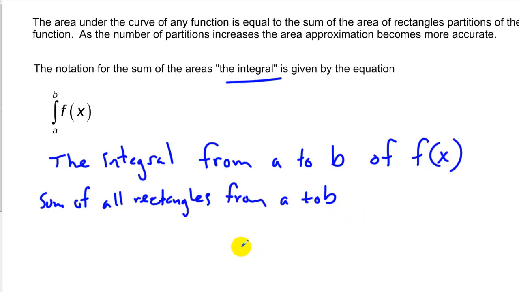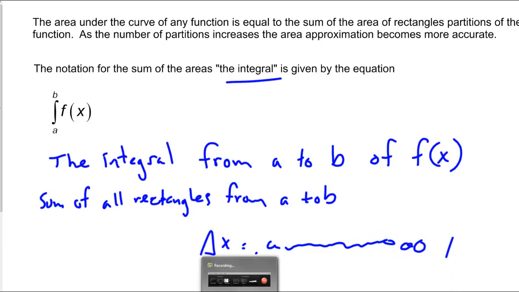And remember, we have tons of rectangles, so like our delta x is going to be 0.00001, which means I have infinitesimally small rectangles in width to calculate the area of, and I'm getting a real close approximation of the answer.